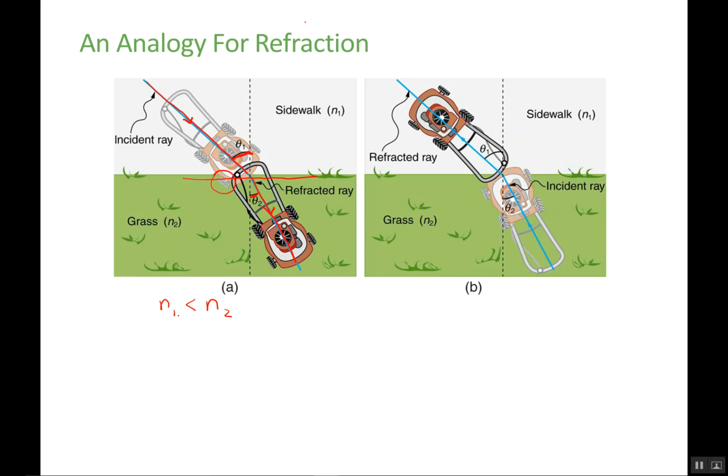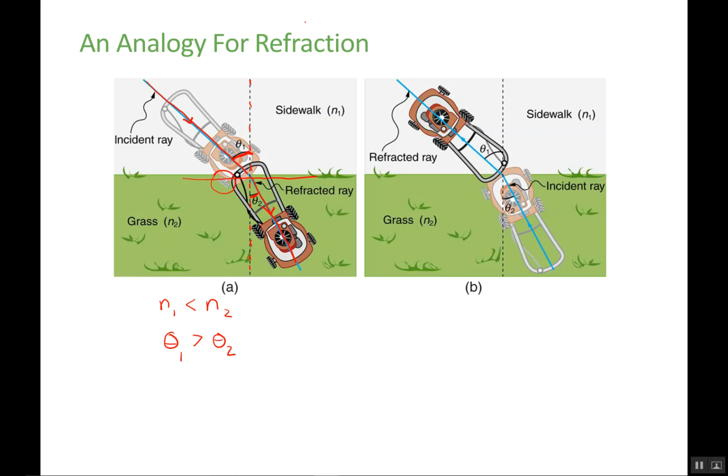And this causes the ray of light to change direction. The angle of incidence relative to the normal is going to be larger than the angle of refraction. The ray of light has bent toward the normal. It emerges from the boundary, traveling closer to the normal line that passes through the boundary, which is the dashed line in this picture.